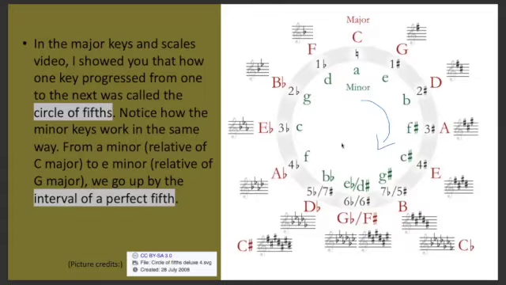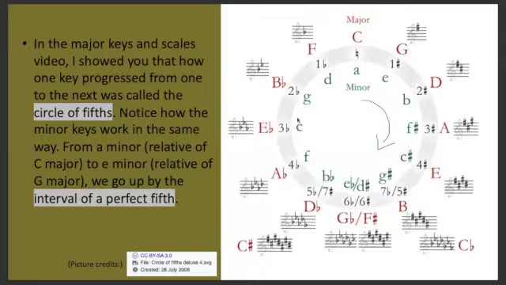So if we take a look at the diagram here, from A to E, we go up by a perfect fifth. And from E to B, it's a perfect fifth, and it goes all the way round the circle of fifths here, just like the major scales do too. This is a very useful diagram to understand how the keys and scales progress from one to the next, with each one having an extra sharp.